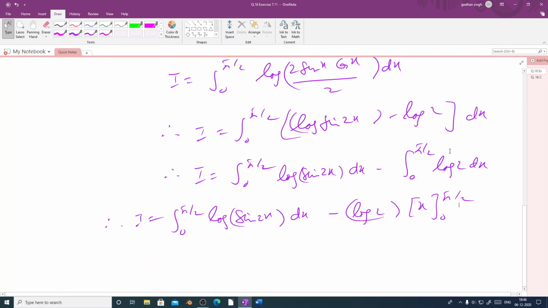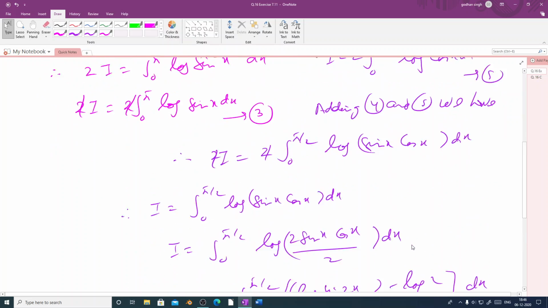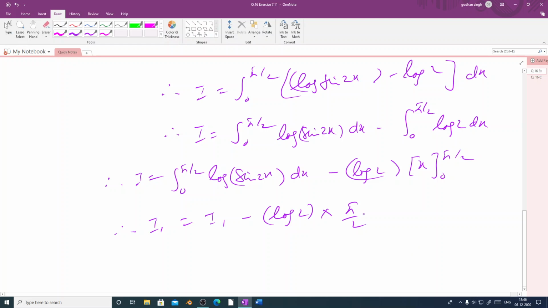So this gives I equals, suppose this is our I1, I1 minus log 2 into pi by 2. Suppose this is our equation number, say 4 and 5 are over, so we'll take it as equation number 6. So this is equation number 6.